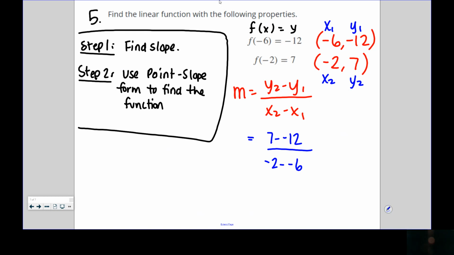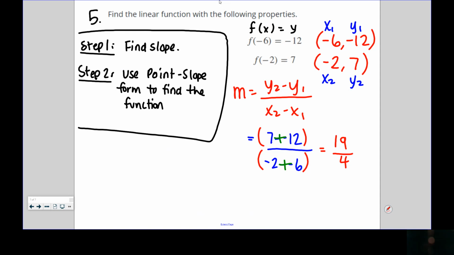If you want to plug this in your calculator all at one time, just make sure you put parentheses around the top and bottom. All right, so the double negatives are going to turn into positives, right? So that's 19 over 4. All right, so the slope is 19 over 4.